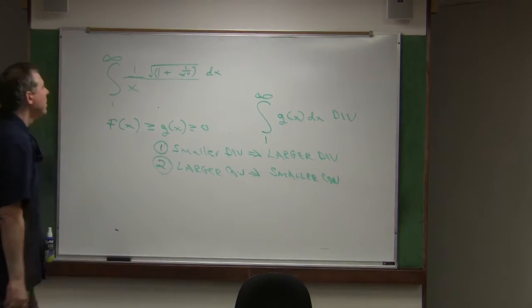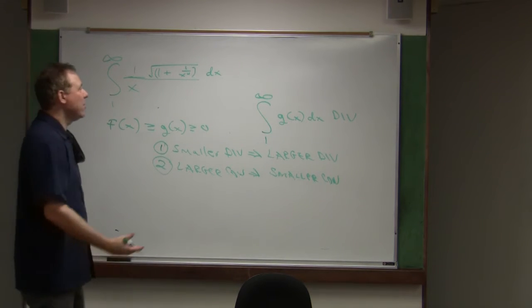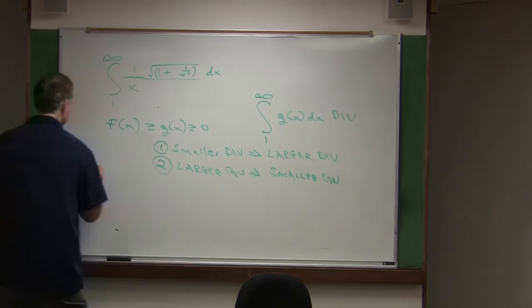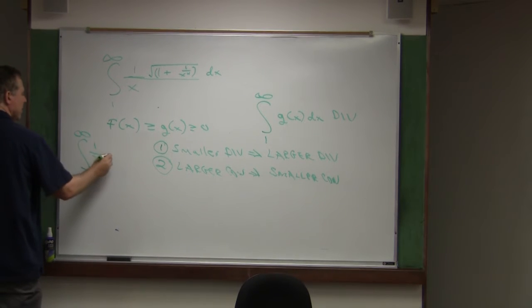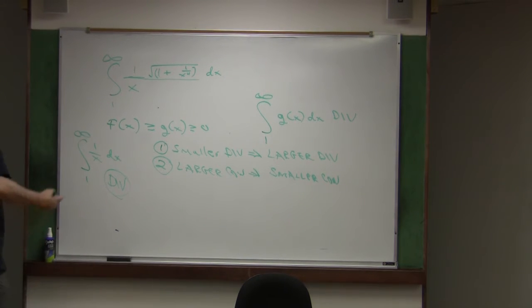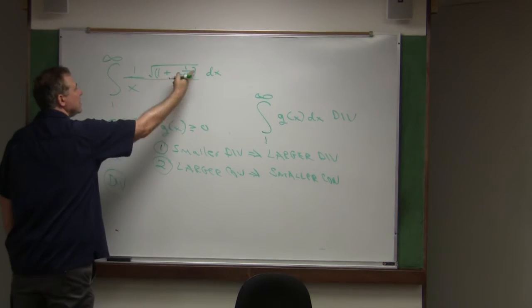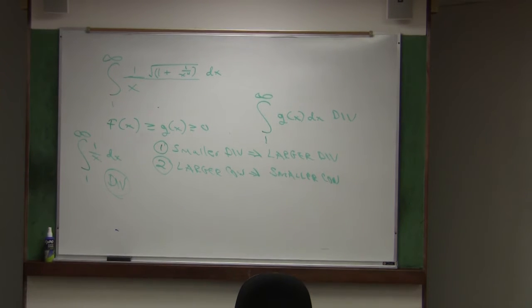Okay? So we know that 1 over x diverges, right? The integral of 1 over x from 1 to infinity, we know by the p-test that this diverges. Well, isn't this slightly bigger than 1 over x?